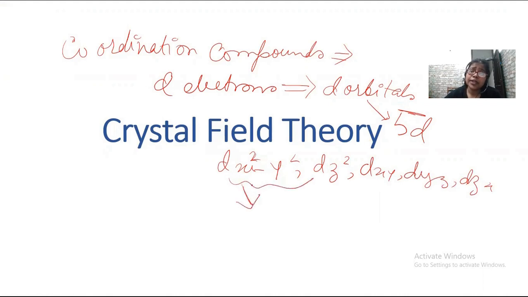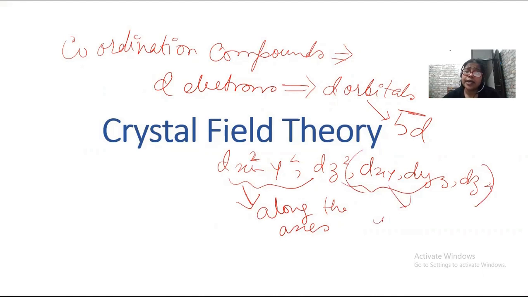These two that are in the beginning, dx square minus y square and dz square, they lie along the axis. The remaining three, that is dxy, dyz, and dzx, they lie in between the axes.